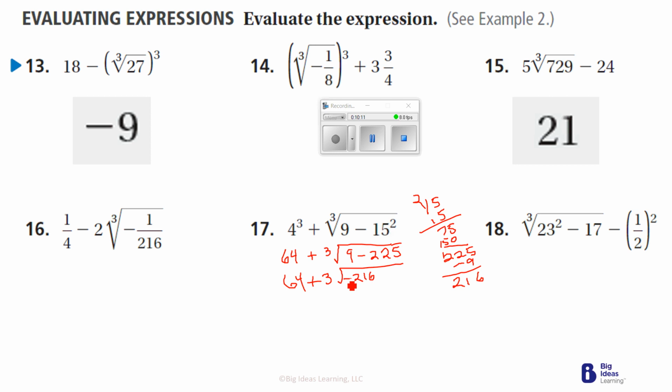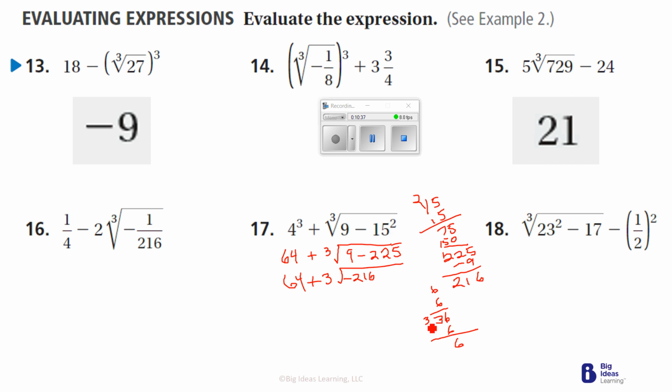Well, remember this is the cube root. It's not plus 3. It's the cube root of negative 216. What number multiplied by itself will give us 216? We know it's not 5 because we said 5 times 5 times 5 was 125. So let's try 6. Because 6 times 6 is 36. 36 times 6 will give us another 6 at the end with 3.